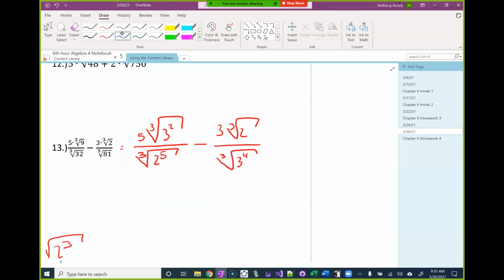So far, so good, Megan? So this 2 to the 5th I'm going to think about as 2 to the 3rd and 2 squared. And this 3 to the 4th I'm going to think about as 3 to the 3rd and then 3 to the 1st.